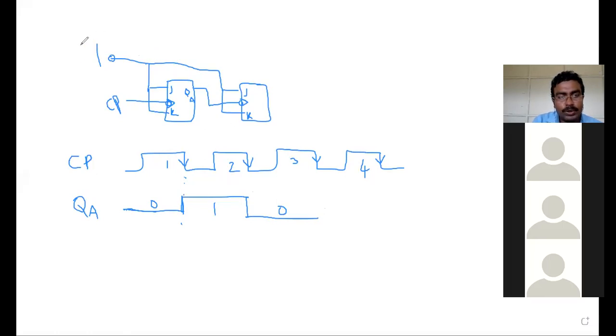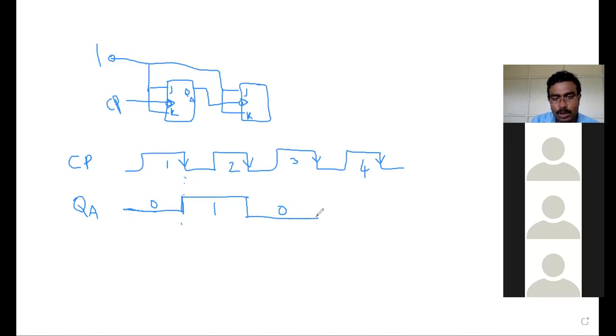Now, again, what is your input? 1 always. 1 means the JK flip-flop is in which state, students, when I'm giving input 1 for J and K? Toggle state.